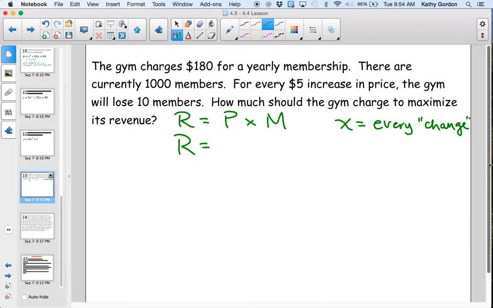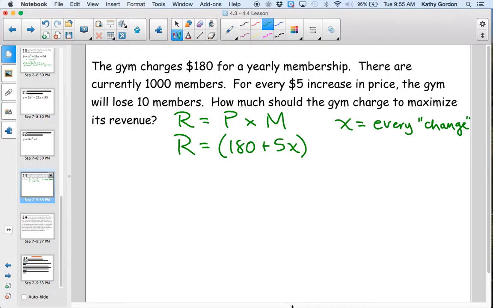So every time that I make a change in price, I'm going to take $180 and add $5 to it every time I change it. So that's the expression that represents what's going on with price.